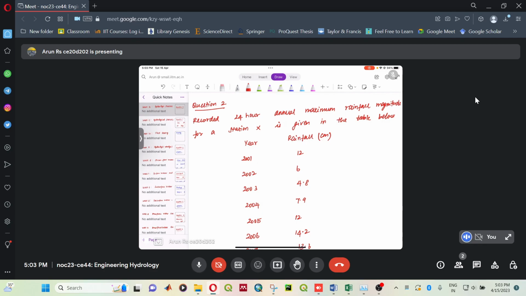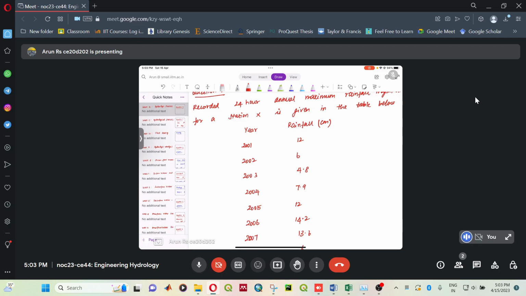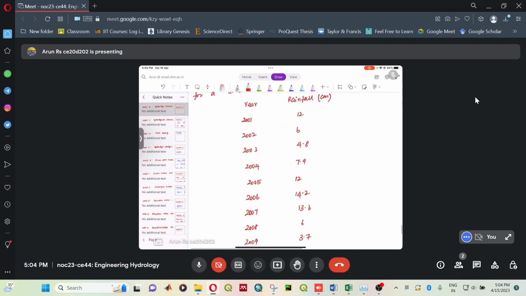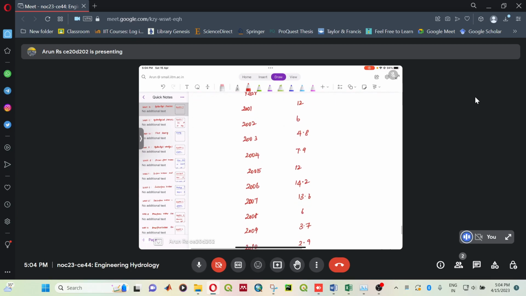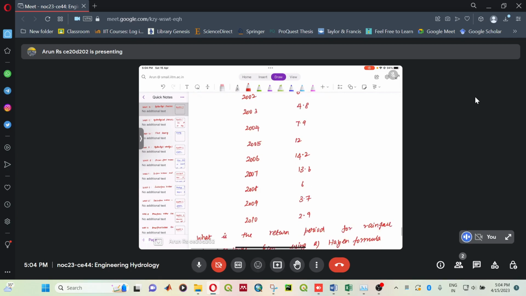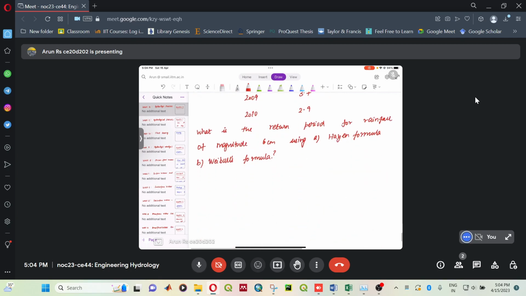So the question is, recorded 24-hour annual maximum rainfall magnitude for station X is given in the table. So for 10 years, they have given the annual maximum rainfall, that is in centimeters. Now we need to determine what is the return period for the rainfall of magnitude 6 centimeter, first by using the Hazen's formula, and then we need to use the Weibull's formula.